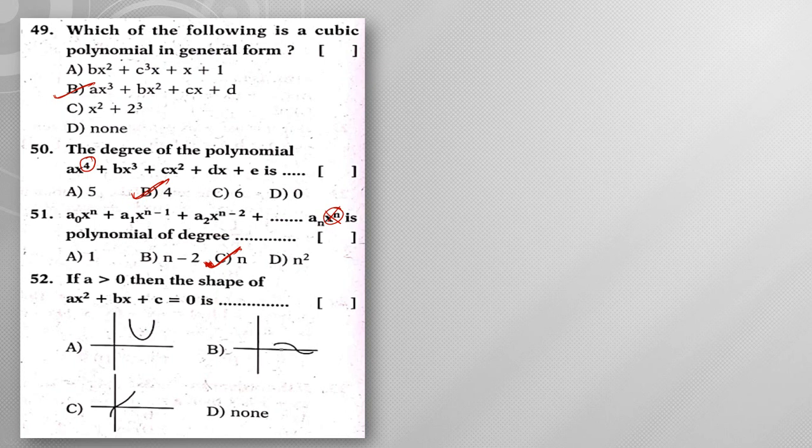Next, if a is greater than 0, then the shape of ax square plus bx plus c is equal to 0. Since it is a quadratic equation, or simply a quadratic polynomial if equal to 0 is not present, then we say it is a quadratic polynomial. Since he has given equal to 0, hence it is a quadratic equation.